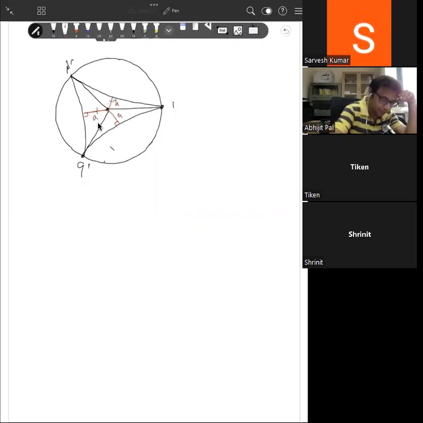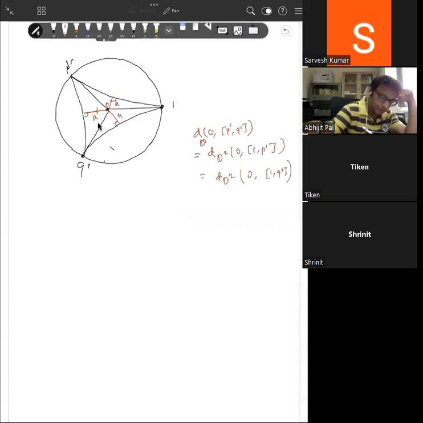This is my origin. So the distance of the origin to P prime Q prime is the same as the distance of the origin to 1 to Q prime.